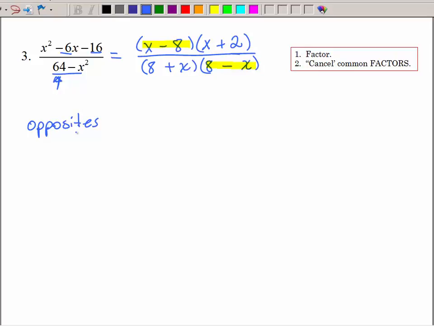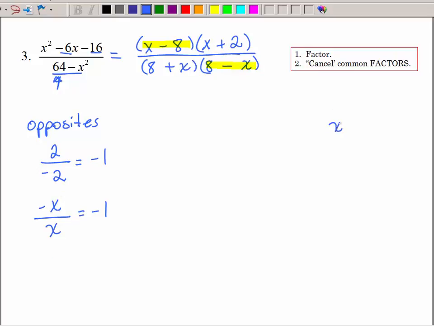Well, let's just kind of go back to the basics. If I have 2, the opposite of 2 is negative 2. And if I were to reduce that, that would leave me negative 1. If I had negative x, the opposite of negative x is positive x. And if I were to reduce that, I would get negative 1.